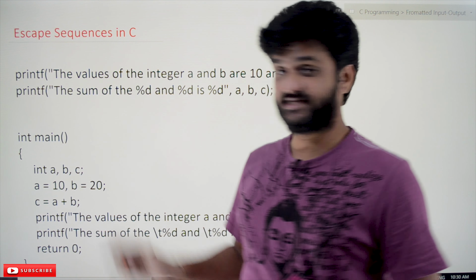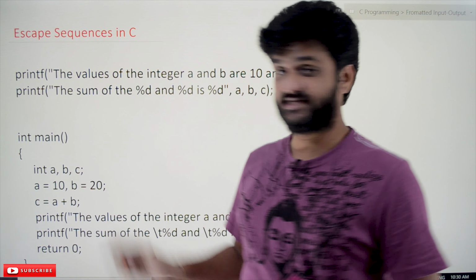So what does \n mean, and what kind of action is done whenever we use \n? \n means new line. Whenever \n is identified, the compiler reads it, and the cursor immediately moves to the next line.